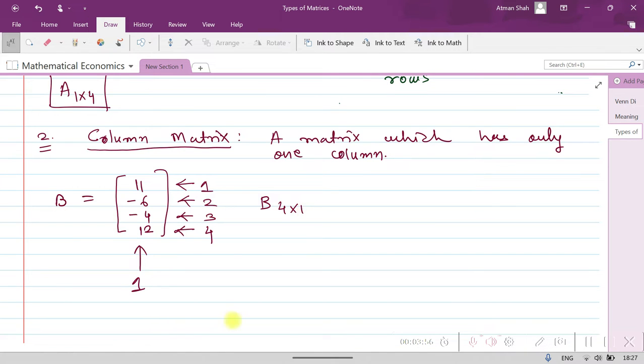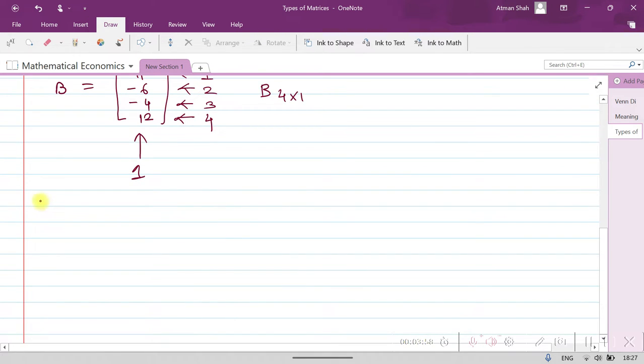Then we have square matrix. Third is square matrix. A matrix in which the number of rows is equal to the number of columns.